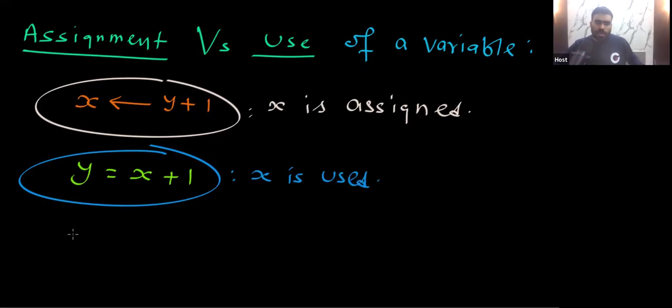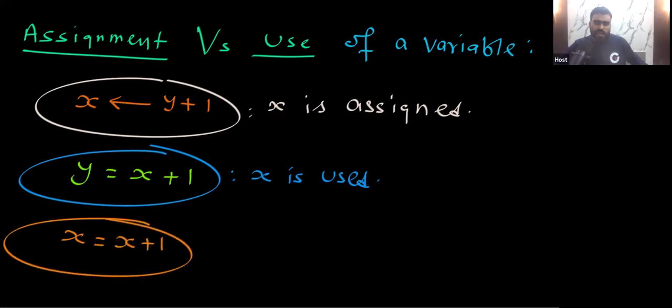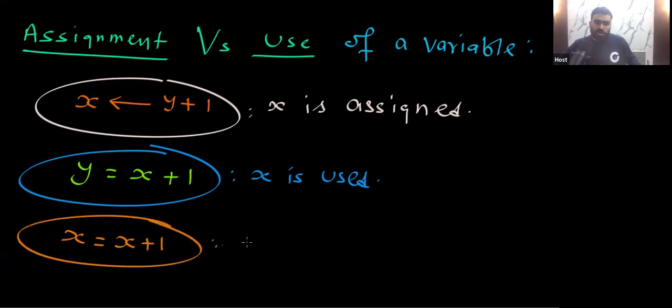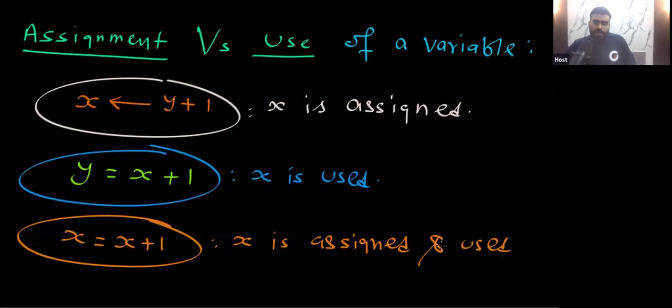And for example, if I give you this instruction, X equal to X plus 1, here X is assigned also, and X is used also. X is assigned and used. First we are using X, and then X is assigned.